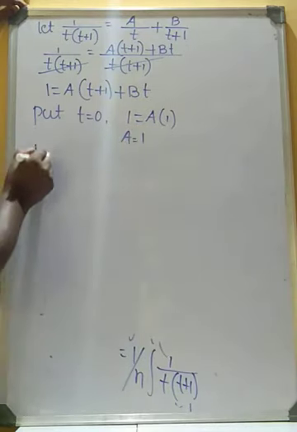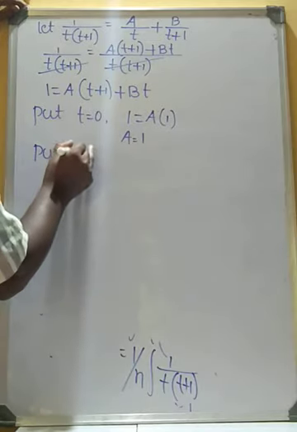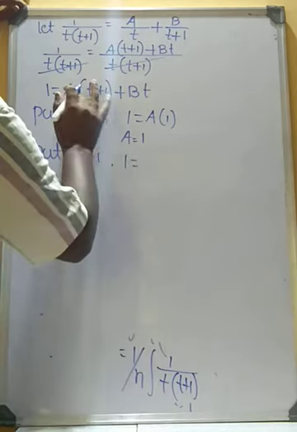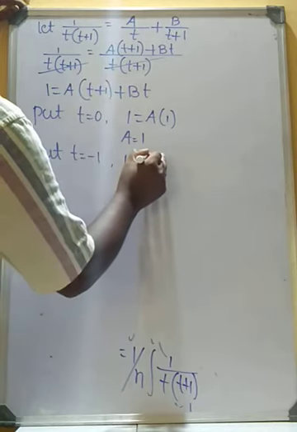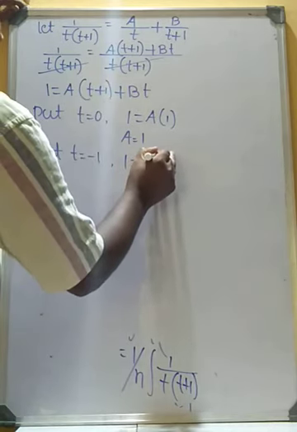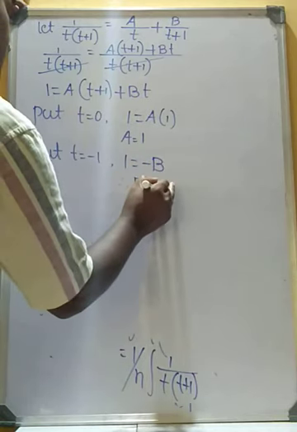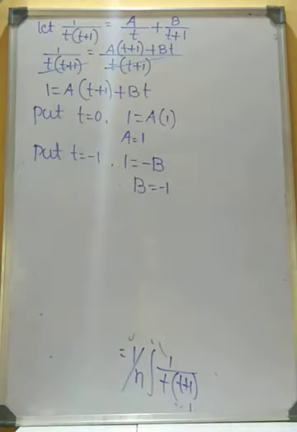Again put t equal to minus 1: 1 is equal to a into 0 plus b into minus 1, that is minus b, therefore b equals minus 1.